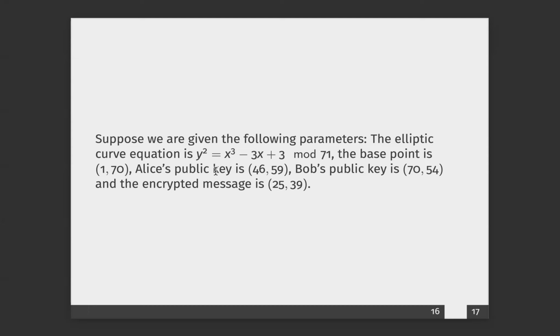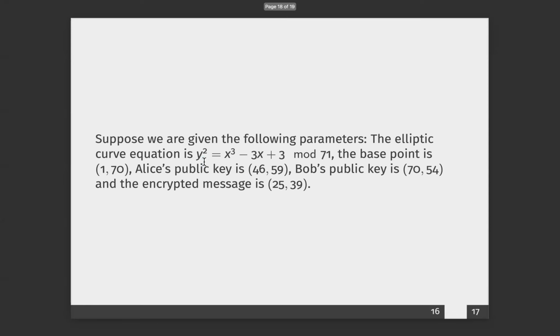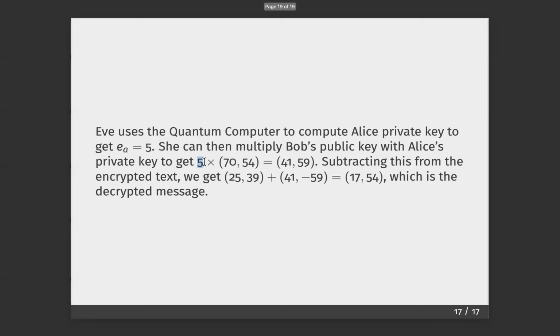What Eve will do is multiply 5, which is the private key of Alice, with the public key of Bob, which is 7054, and get 4159.